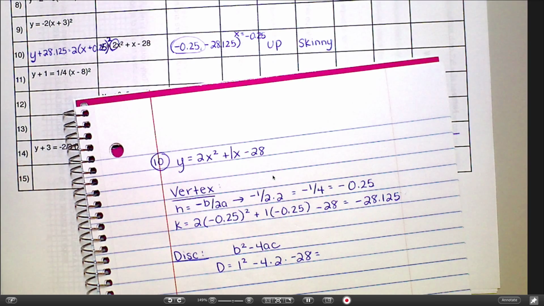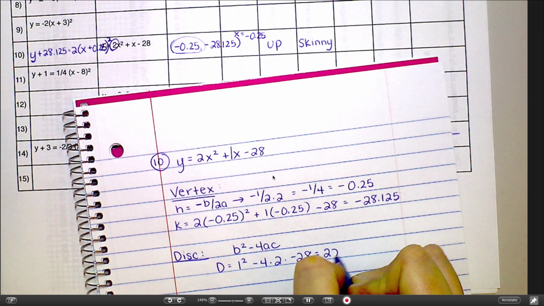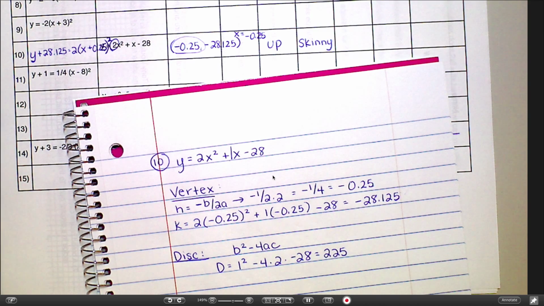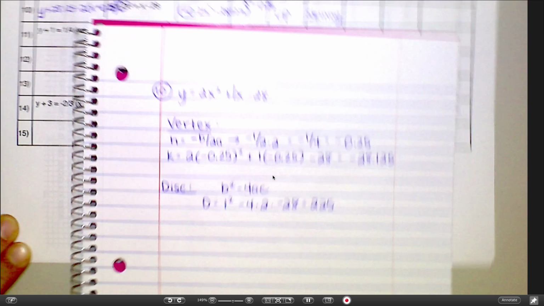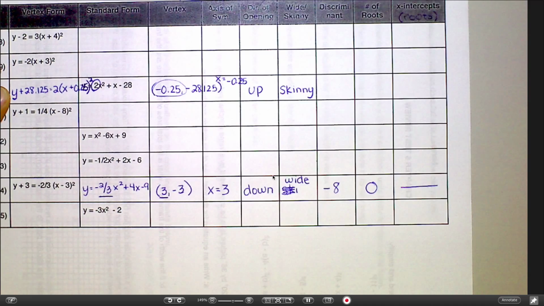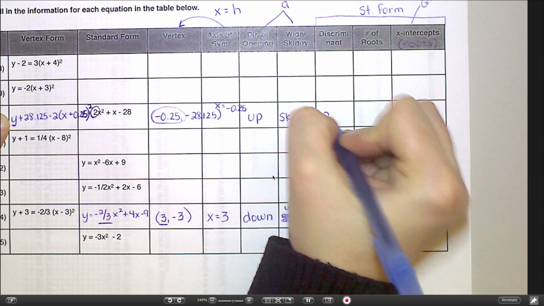So I get 225 for my discriminant. Okay, so this column wants the discriminant, so 225.